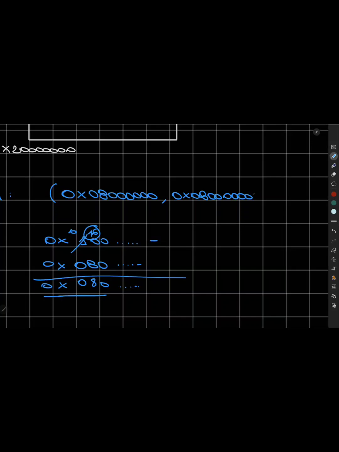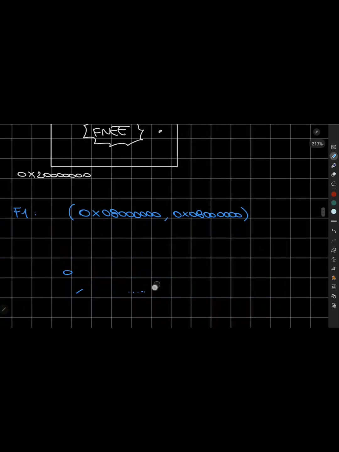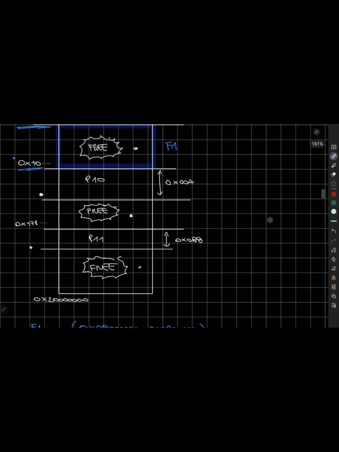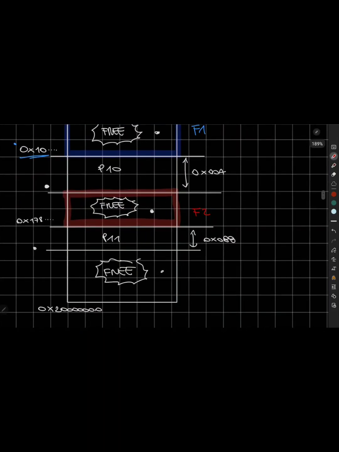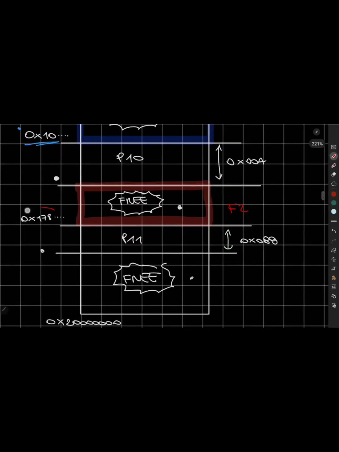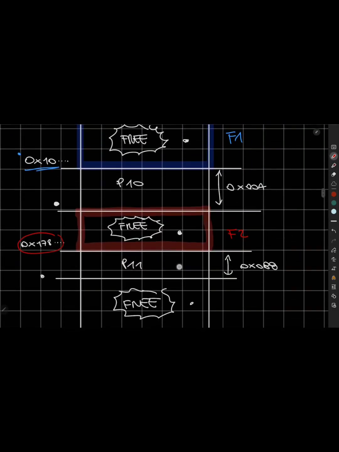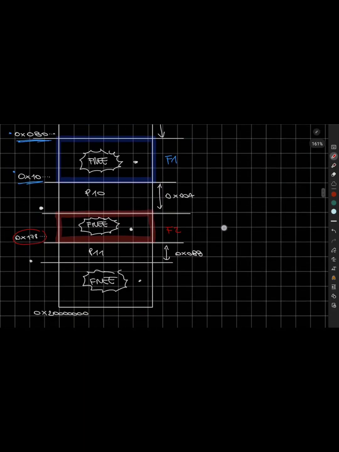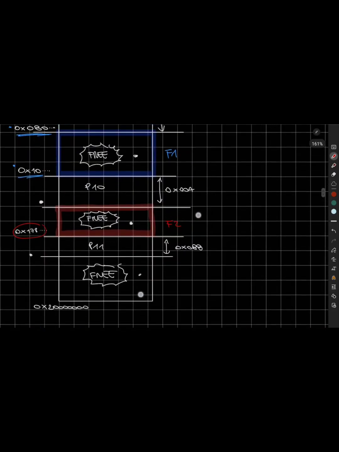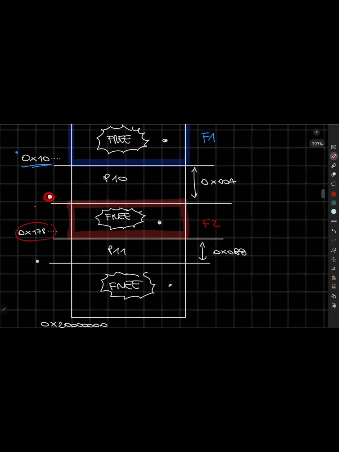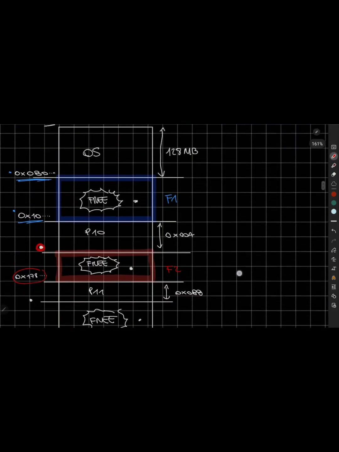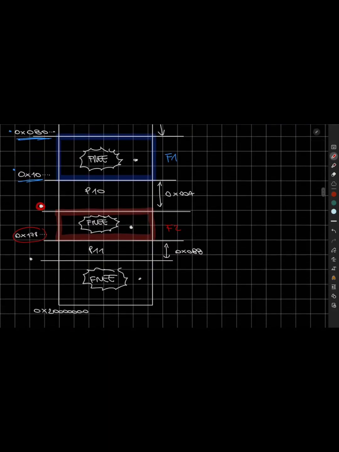All right, so let's do the same for the second free partition. I can call it F2. What do I know about this partition? I actually know the last address, but I don't know the starting address and the size. How can we do that?